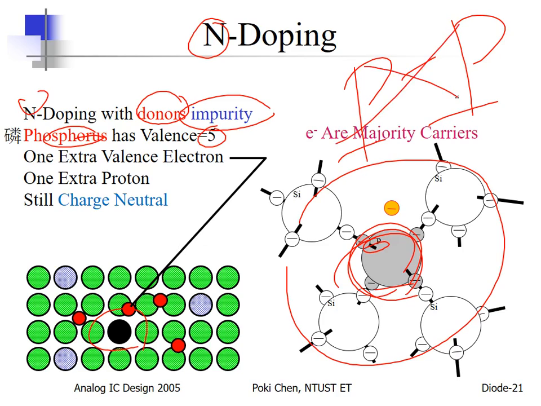In that way, the bond structure will become too different from the others. Sometimes it will be broken, and such a broken bond is really bad for electron or hole propagation.